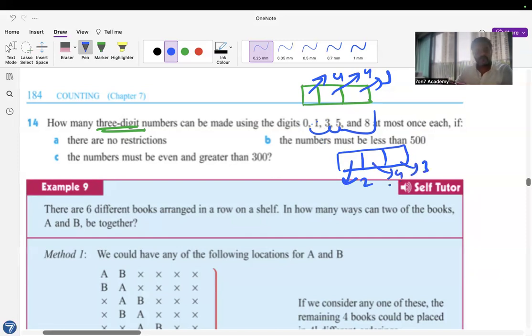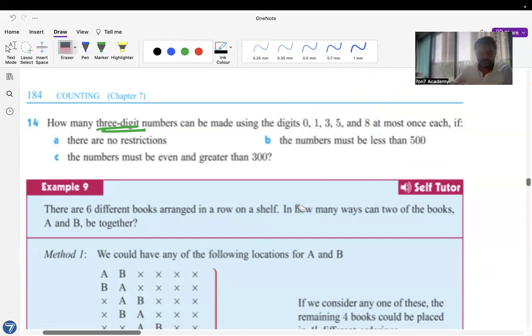The number must be even and greater than 300. Tell me, even and greater than 300. The units place is 8 or 0. What is the condition for being even? The last digit is even, and it must be greater than 300.